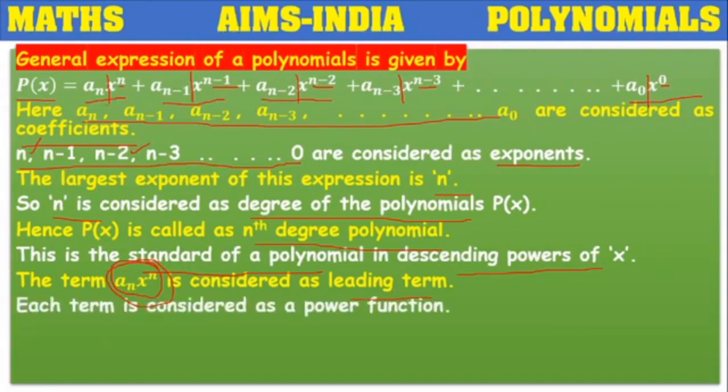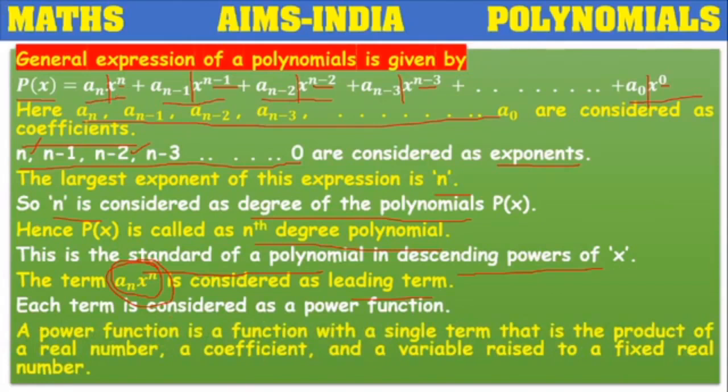Here, each term is considered as a power function. A power function is a function in which, if you take any single term, it is the product of a real number like a_(n-3), which is nothing but a coefficient, and a variable x raised to a fixed real number power like n-3.